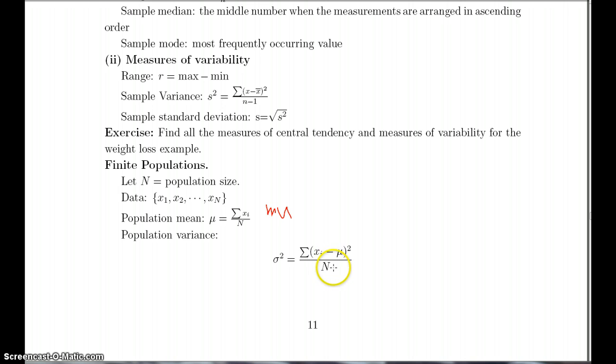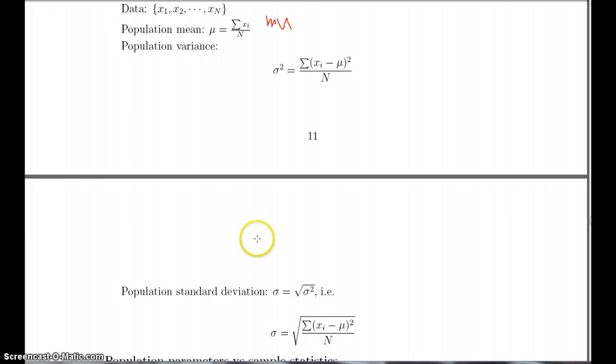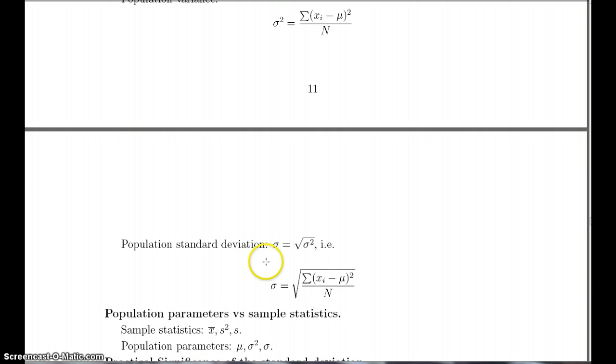And there's no penalty here. I don't divide by n minus 1 because I know exactly what the population mean is. The penalty we incurred previously was because we used x bar. So here I get my population variance, and of course I can get my population standard deviation by taking the square root of that quantity.